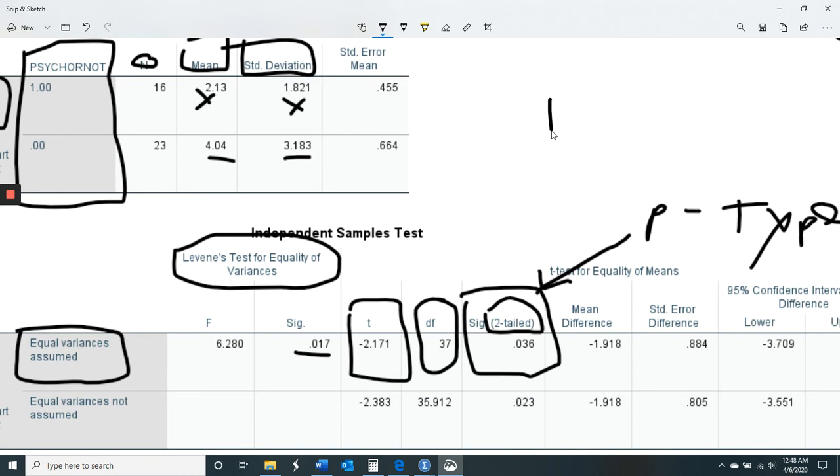So given that, what you have to do is you have to not do what I just did. But if it's a two-tail, you have to divide it by 2 to get the one tail.